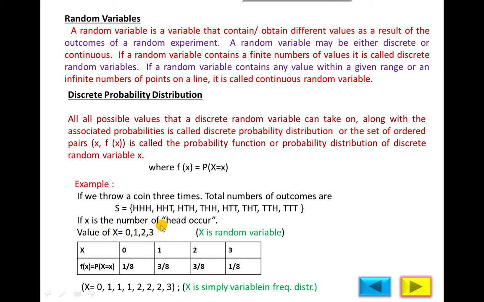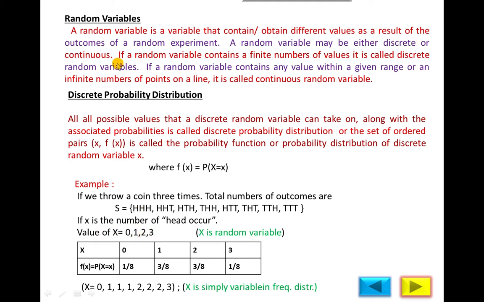If X is the number of heads that occur, you have used the same statement in the last 2 lectures or videos. Possible values of X may be 0 heads in this one, 1 head in these 3, 2 heads in these 3, and in this one outcome only 3 heads. So possible values are 0, 1, 2, 3.